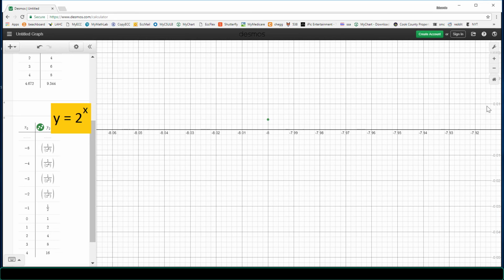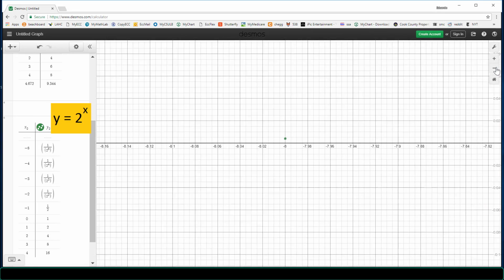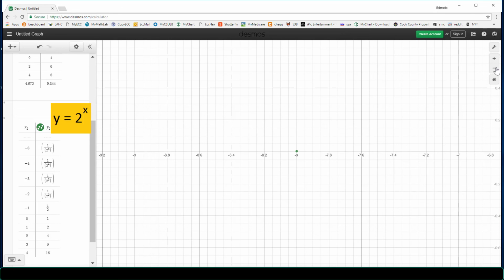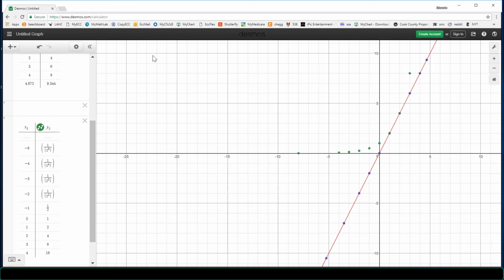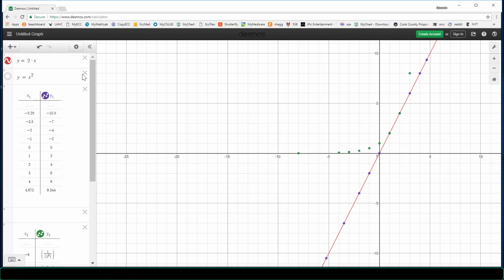Okay, so if we did this over and over again and eventually graphed so many green dots that they would be really close together, eventually they'd form a shape that looks like this. Okay, so clearly these are two very different equations with very different input-output pairs and then very different graphs as a result.